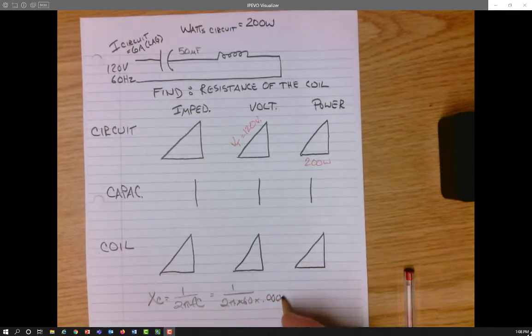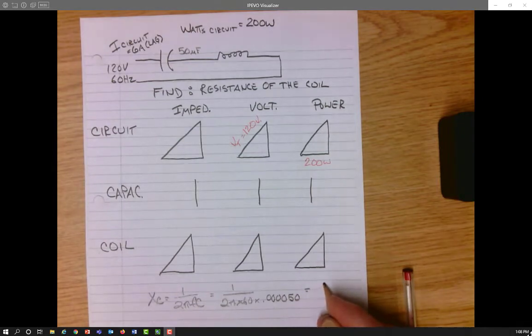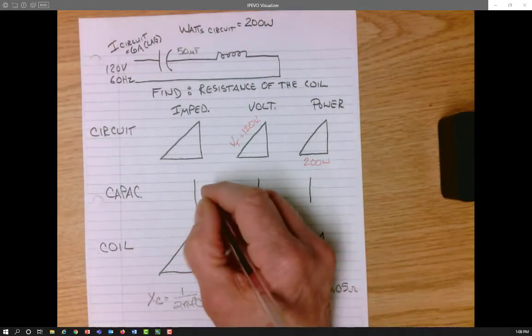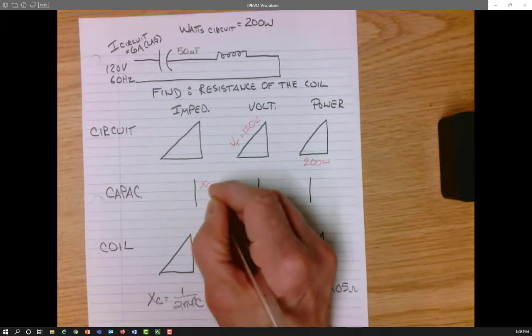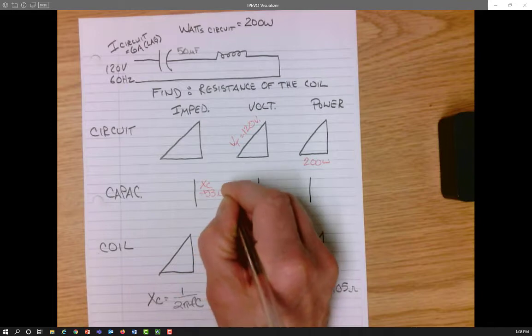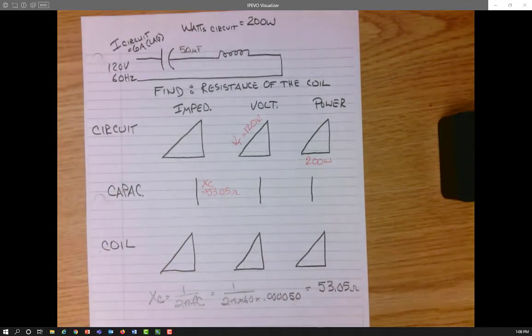So 0.000050, 6 decimal places back. And what you should get for XC is 53.05 ohms. So my capacitor has a capacitive reactance of 53.05 ohms.